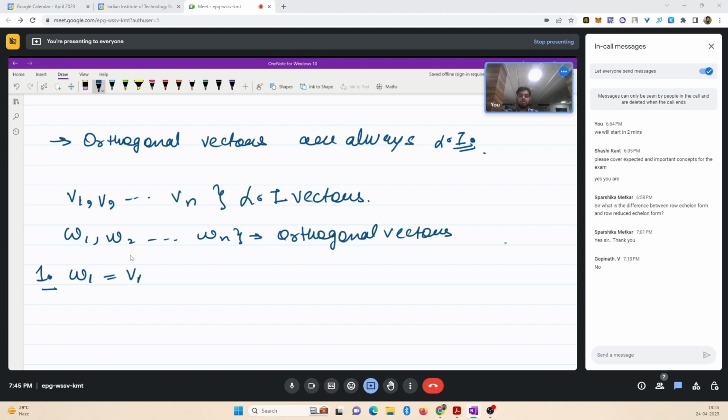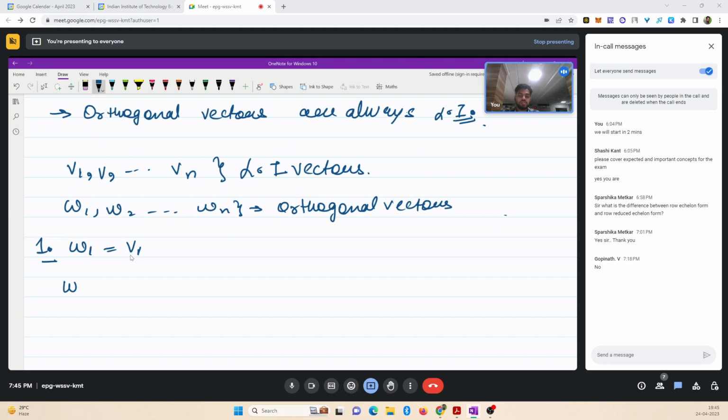Okay. How do you obtain w2? Now your w2 is nothing but v2 minus v2 dot product with w1 over norm of w1 squared, into w1. So basically, what is this quantity representing?